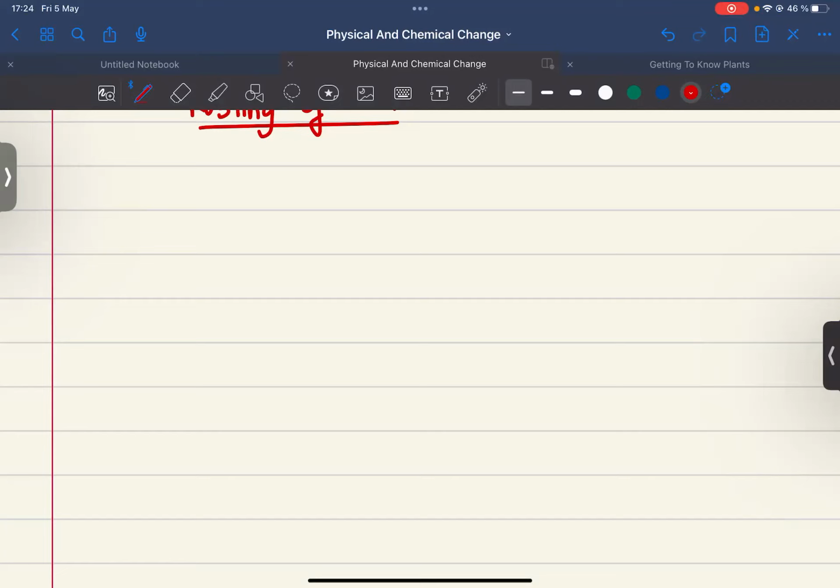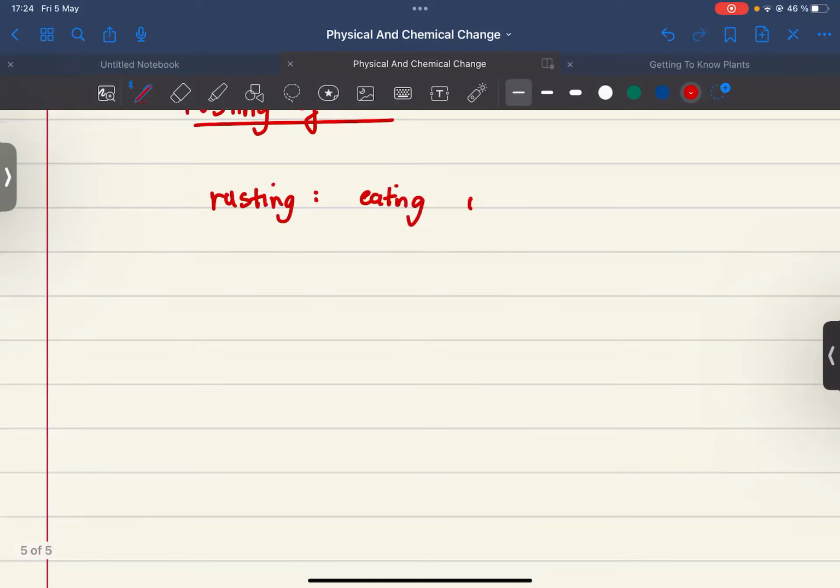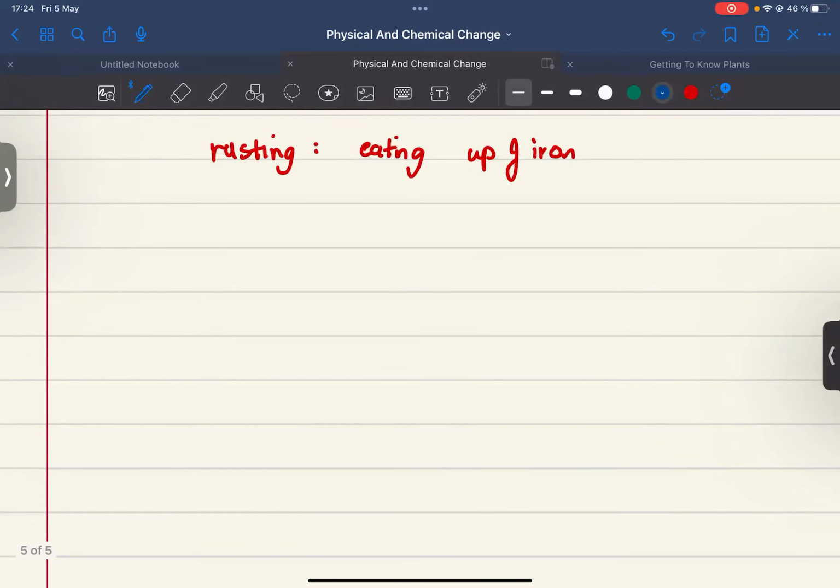So rusting is nothing but the eating up of iron. I'm giving you the equation for rusting. You take iron, or Fe.